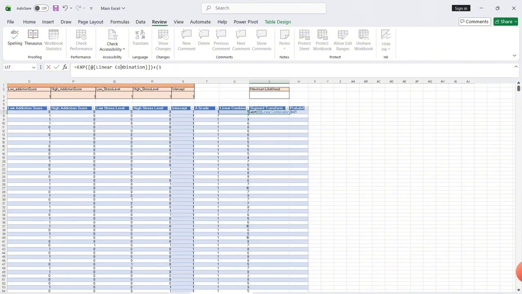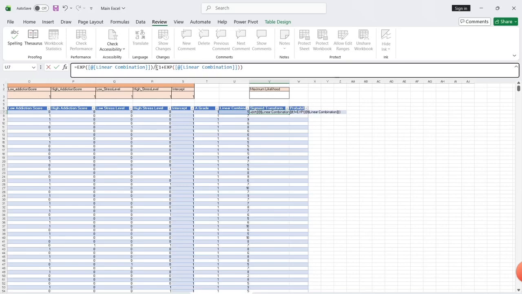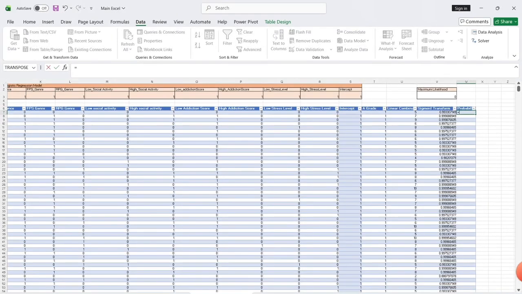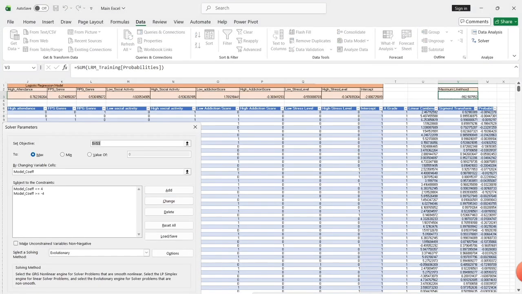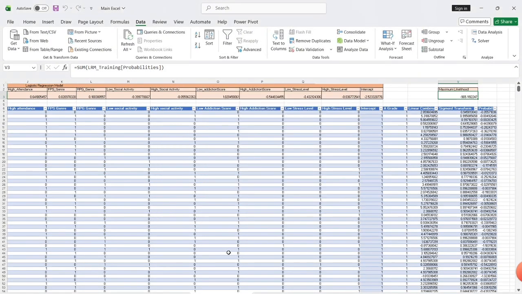Then it's time to find the maximum likelihood estimate by summing up all the log likelihood values in the probability column. Afterwards, we maximize the MLE value by changing the coefficient values using the solver function.